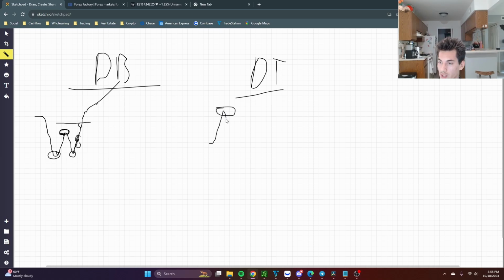Sellers now try to push price back down, but buyers, maybe they'll see a bull flag or something, and they want to push price over that little reversal level. So bulls come in, they try to break it above, get that breakout. They don't. Sellers get aggressive again, push price back down.